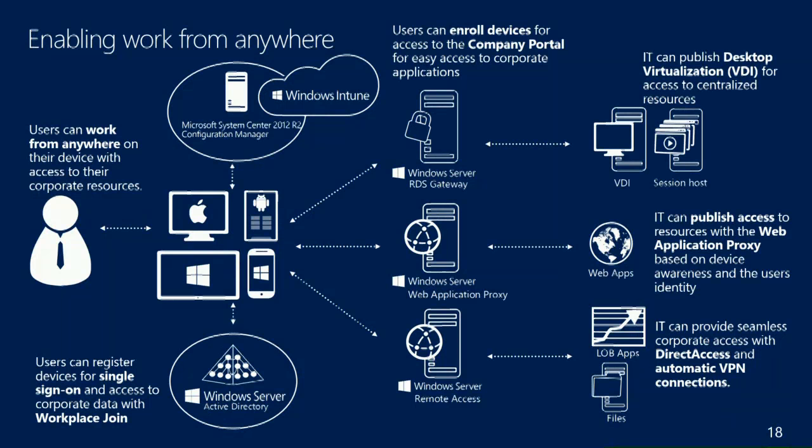Now, from a work-from-anywhere perspective, as we've discussed, there are three different ways to think about it. You can think about remote access, which is VPN and DirectAccess, where you enable network connectivity. You can think about the web application proxy in Windows, providing access to web applications, browser-based applications and RESTful services, and driving the right set of policy controls with them.